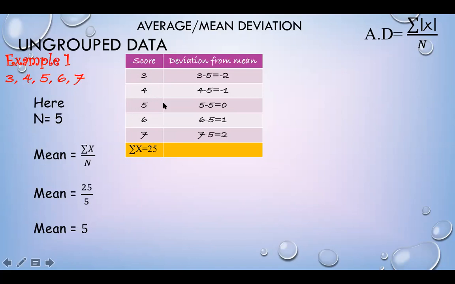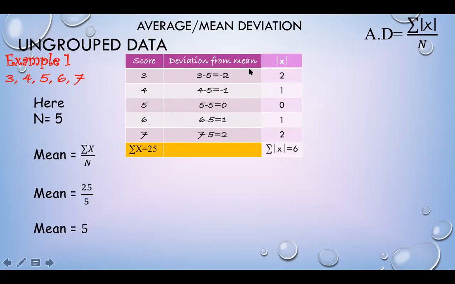There may or may not be some scores which are equal to mean. Obviously, those scores which are greater than mean, their deviation will be positive, and those scores which are lesser than mean, their deviation will come out to be negative. To ignore this negative sign, we write these deviations in the absolute form. We only write the value irrespective of the signs, positive or negative.